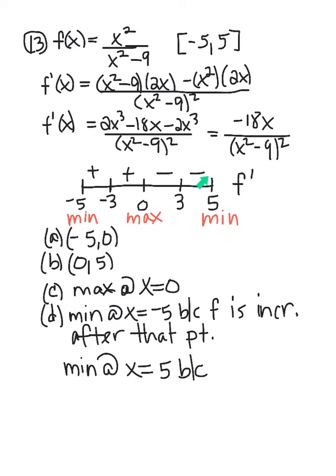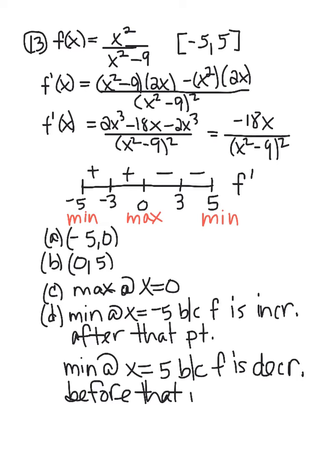So the reason why 5 is a minimum is because before that point, your function is decreasing. Okay? Because f is decreasing before that point. Okay, so there's your reason for that. Okay, make sure you get all this written down in your notes.